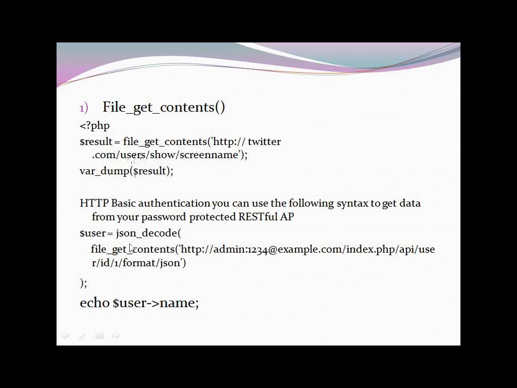But in case you need authentication, if you need to get data from an authenticated site, in that case you can use file_get_contents, but you have to give a username and password. In my case I have taken admin and the password is 1234, and you can get data from Twitter or any of the service providers.